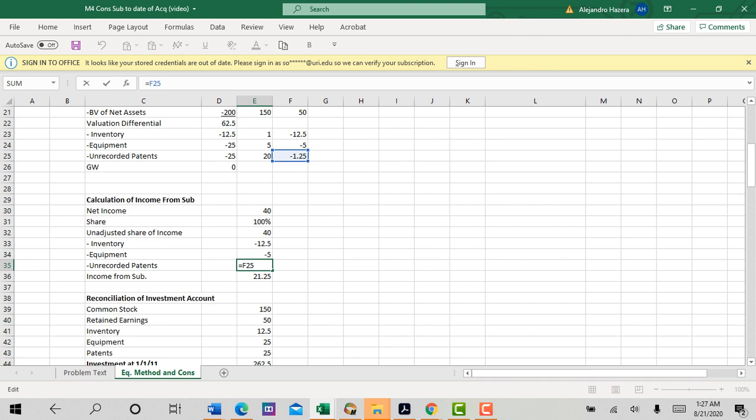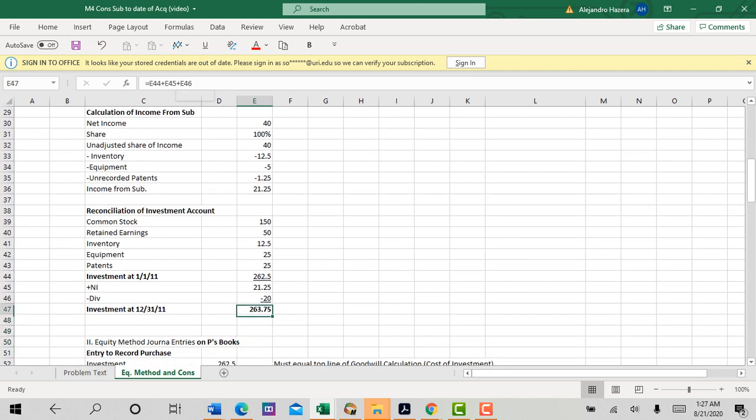We had, in essence, for the inventory, excess cost of goods sold. For the equipment, we had some excess depreciation, and for the unrecorded patents, we have some excess amortization. And so our final income from sub was 21.25.